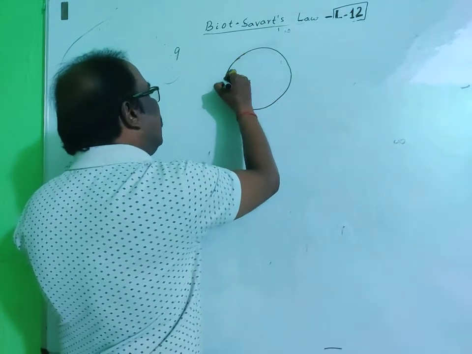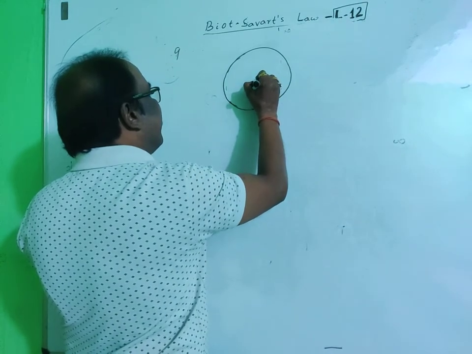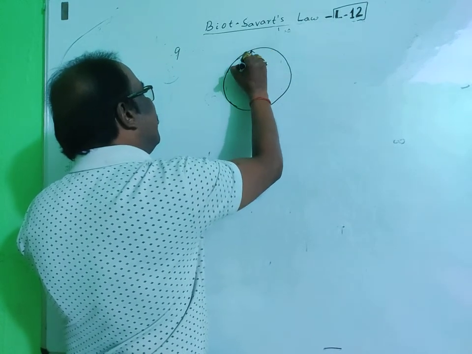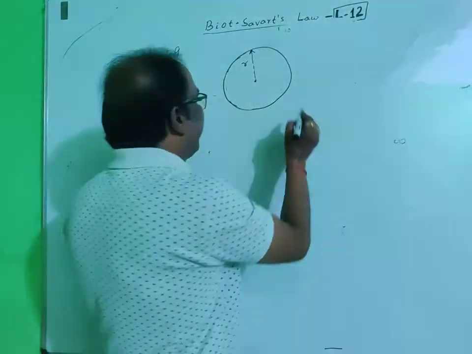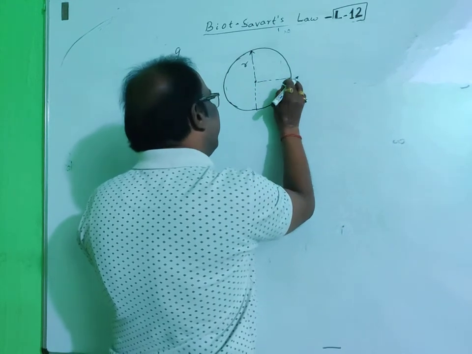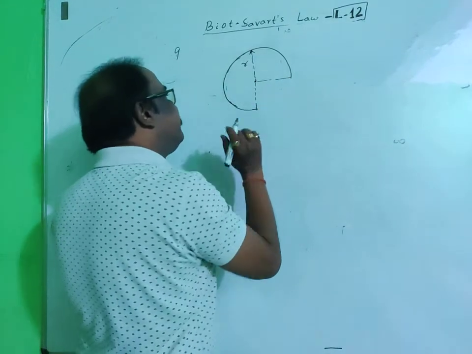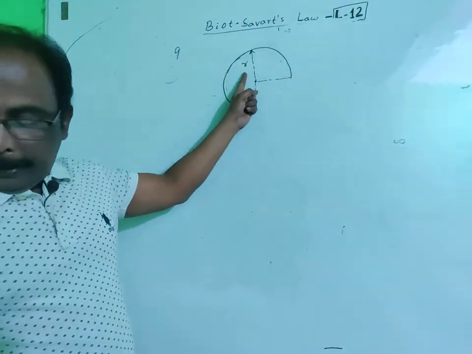This is a circle of radius r. This part is removed. This is a circle of radius r.